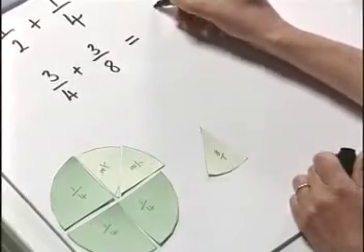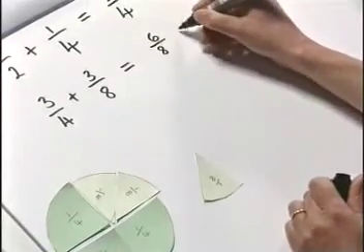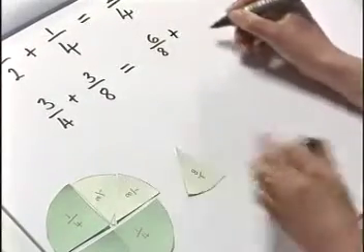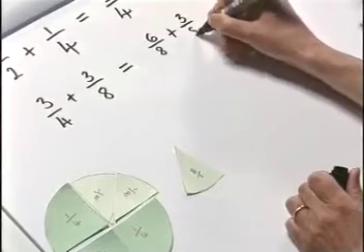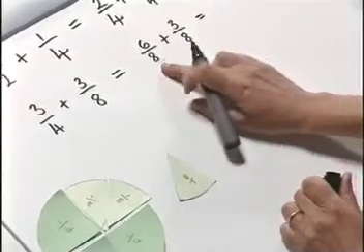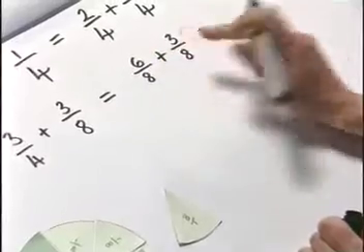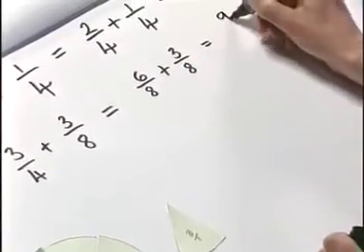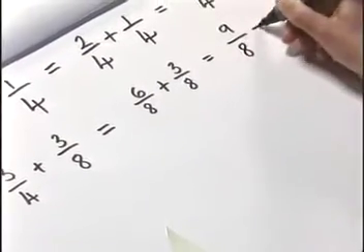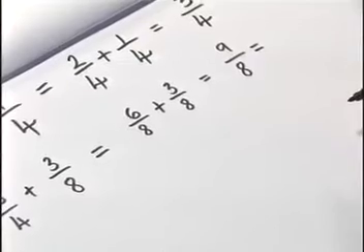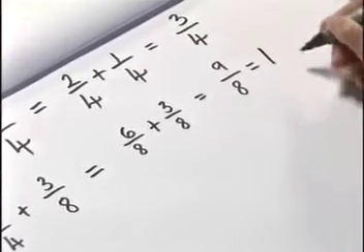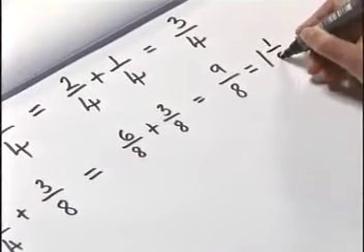So we have 6 eighths plus our 3 eighths. Now again, we have fractions with the same denominators, so we can just add the numerators. So we get 9 eighths, which we saw at the beginning is a whole one with 1/8 left over.